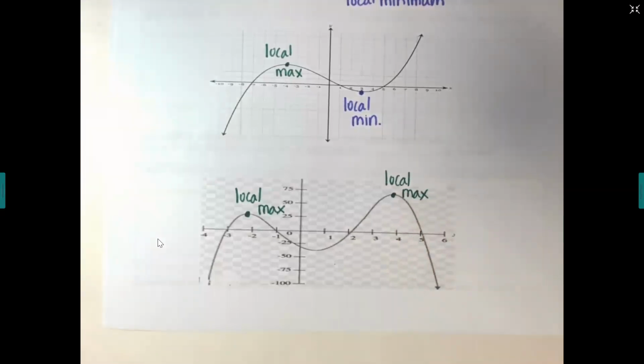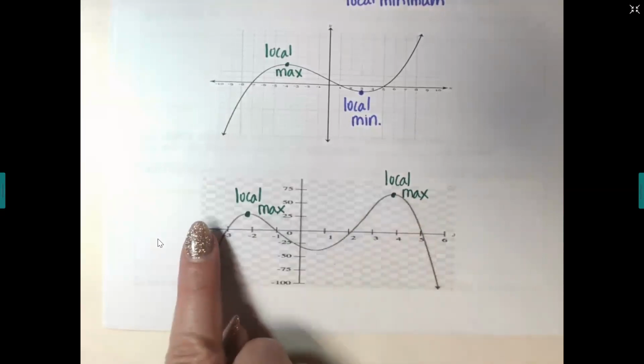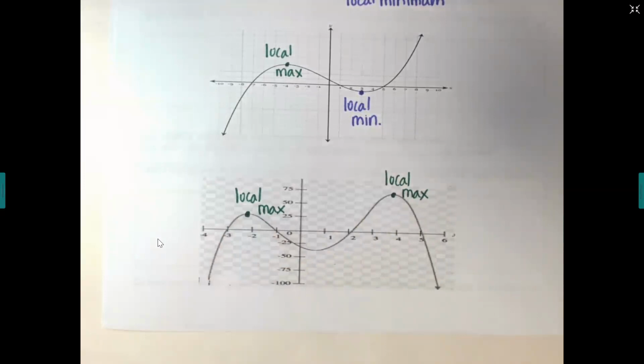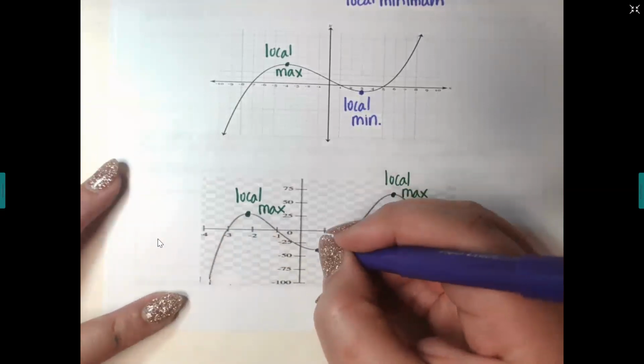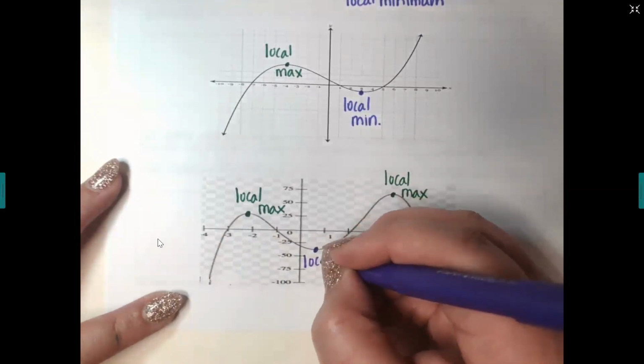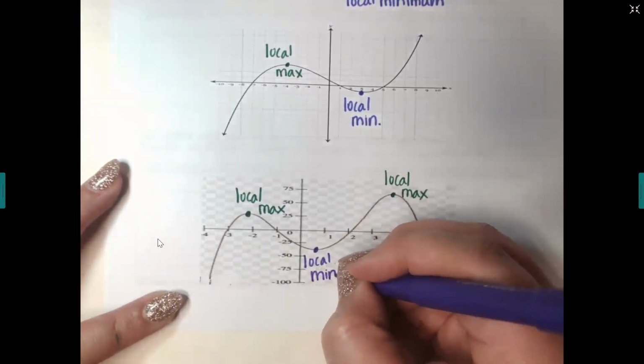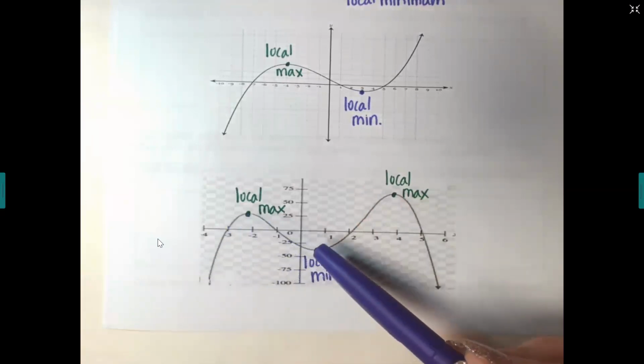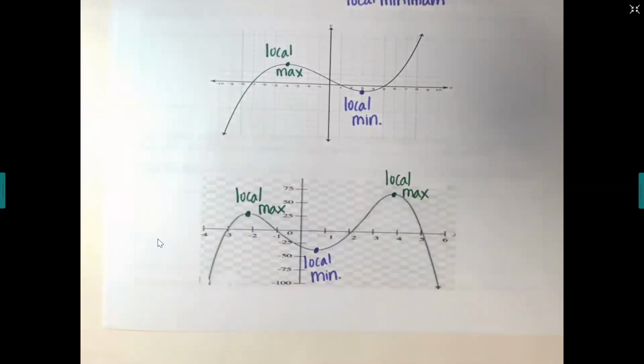And notice, even though this one's taller, this one is still the highest for its own little section. So that still counts as a local max. You can have multiple. Then my local min would be this little dot right here, where I have a little low spot where, if you're thinking about the roller coaster, it would kind of bottom out and then turn back uphill.